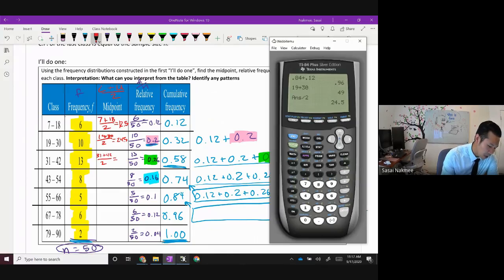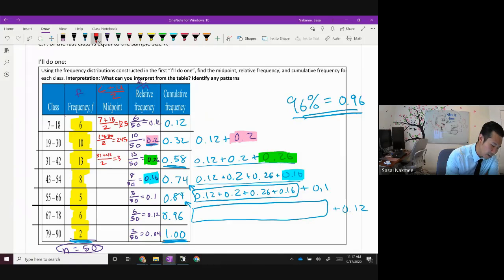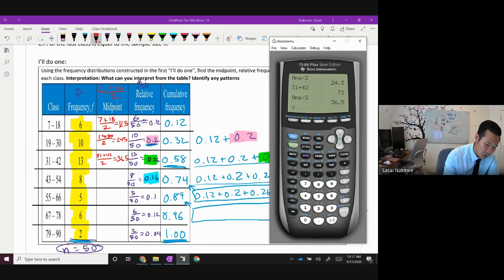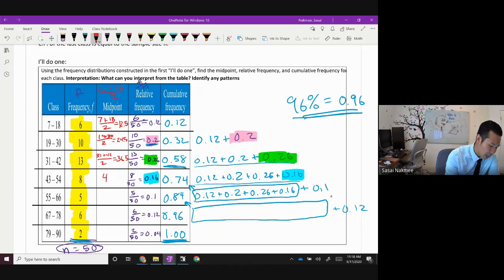It comes out to 36.5. If I had just taken the 24.5 and added 12 to that, I got the same answer. So you don't actually have to do this for all of them. If you know what the class width is, you could just keep adding 12. So 36.5 plus 12 would give me 48.5.